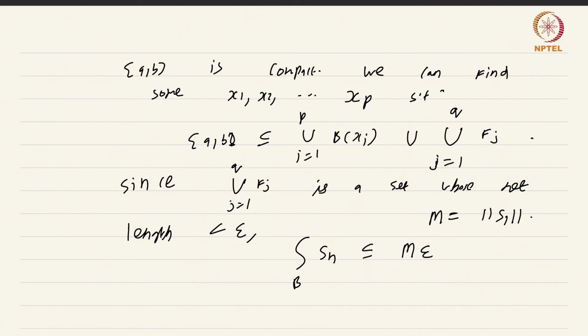Since the function S_1 is a step function which vanishes outside the interval [a, b], it has a supremum, it has a sup norm, M is that sup norm, and the integral over B of S_n is at most M epsilon. This is simply because the net length of these intervals F_j has got to be less than epsilon.